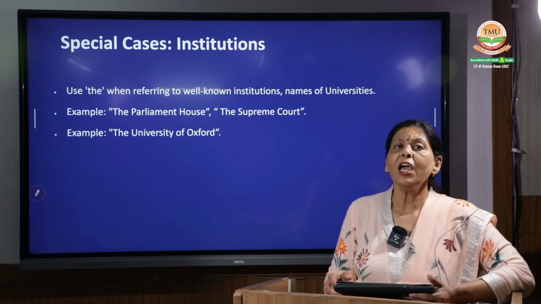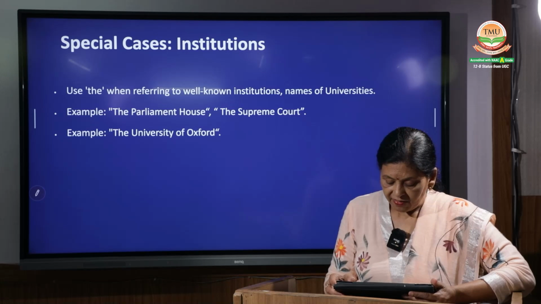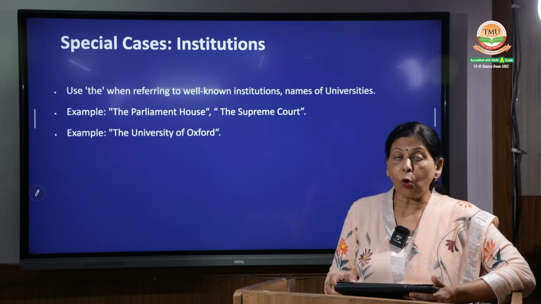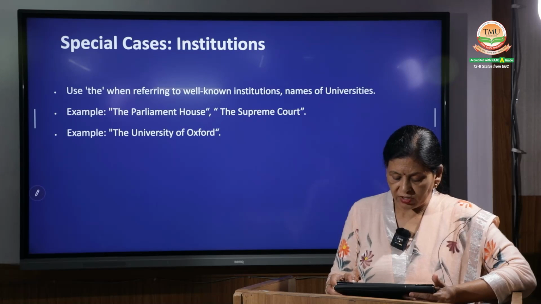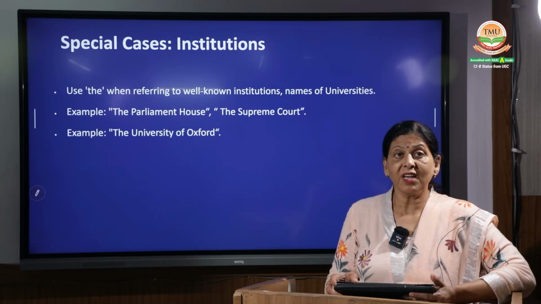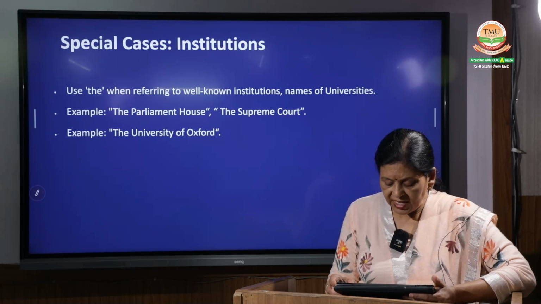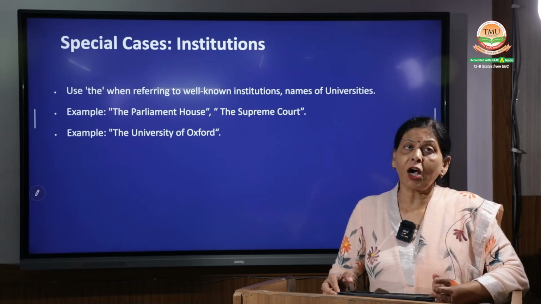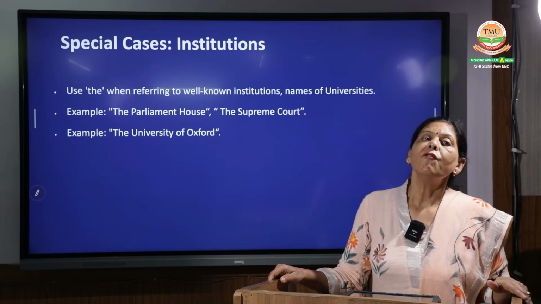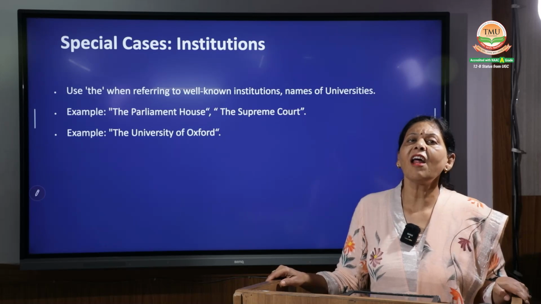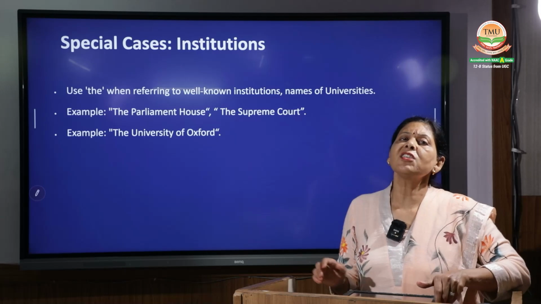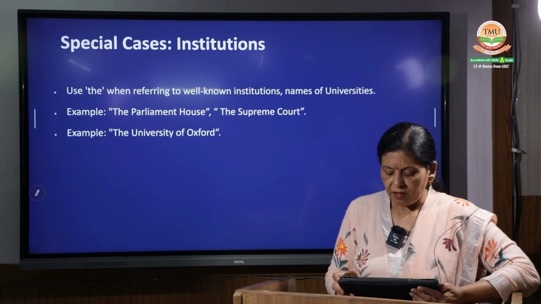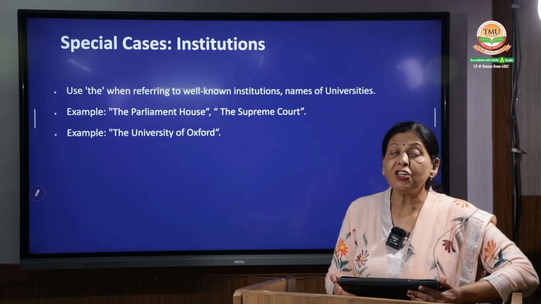The University of California. Then the Supreme Court. The Parliament House. The Senate. So in front of these names, the University of Oxford. In front of these, we use the definite article. The is placed in front of these well-known institutions.